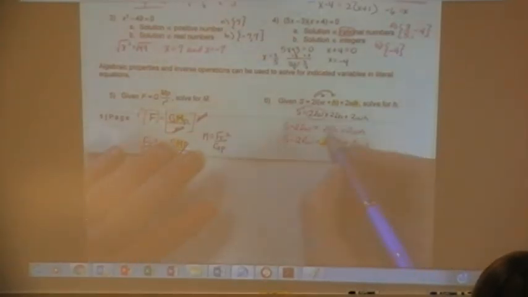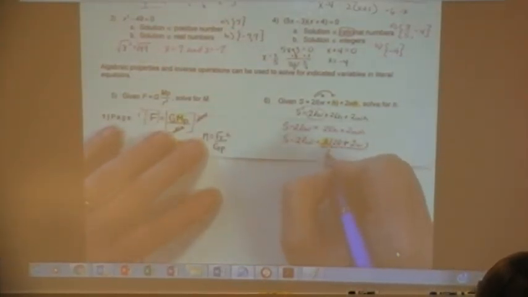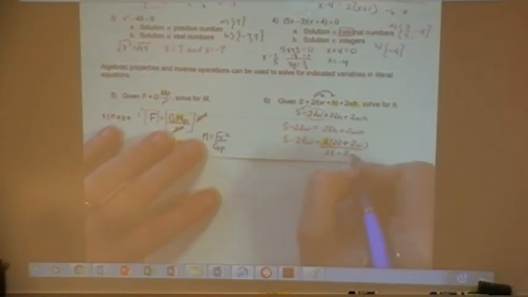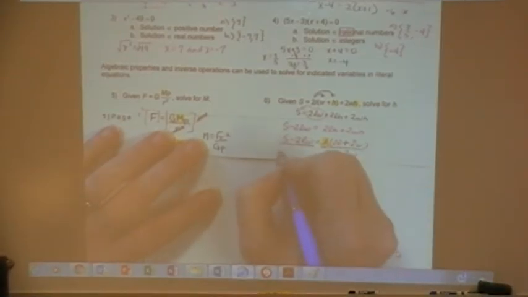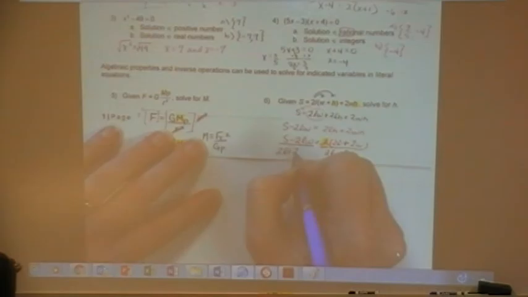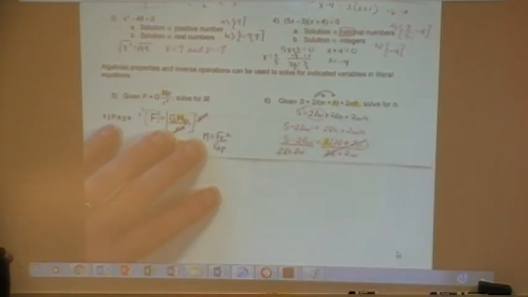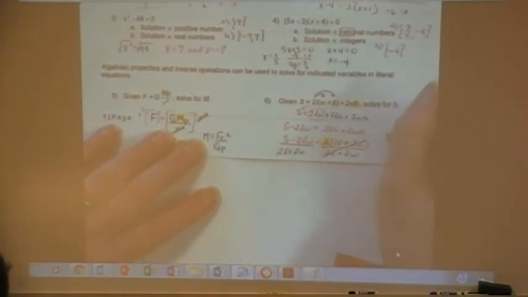Divide. And you can divide by the whole thing, 2L plus 2W. If I divide this side by 2L plus 2W, I have to divide this side by 2L plus 2W. And I'm left with H equals S minus 2LW over 2L plus 2W.